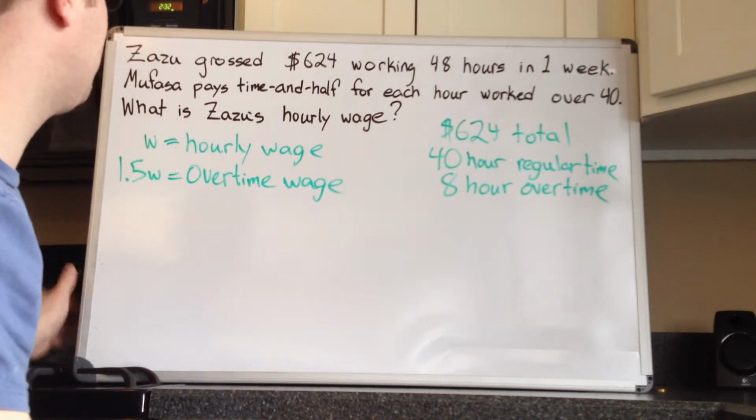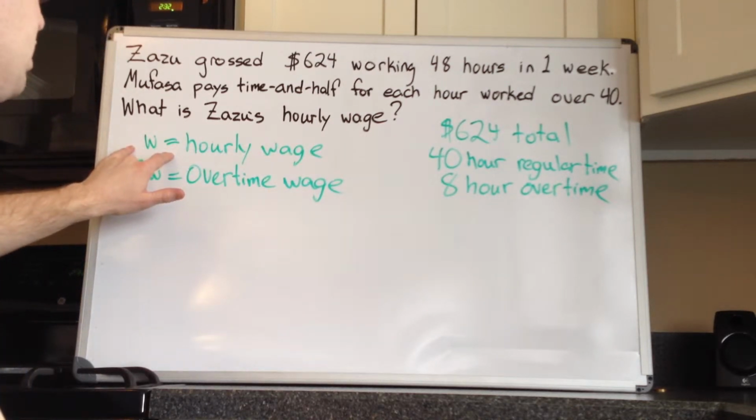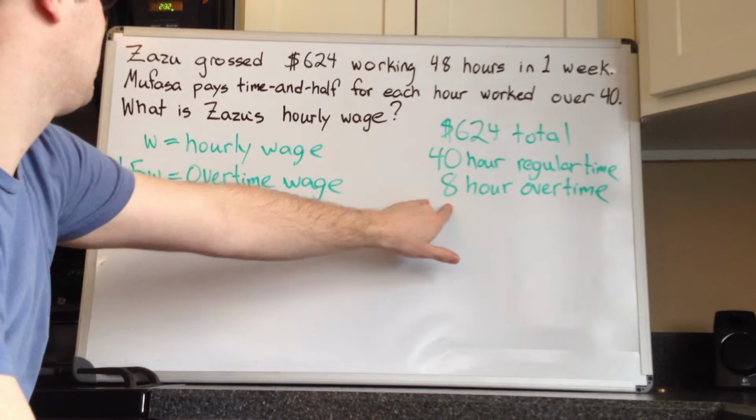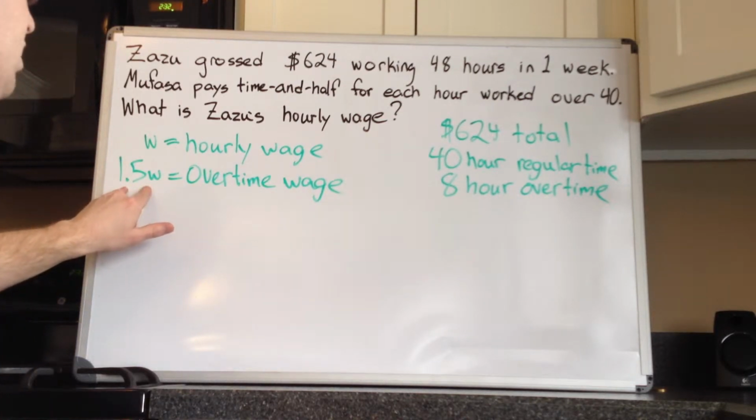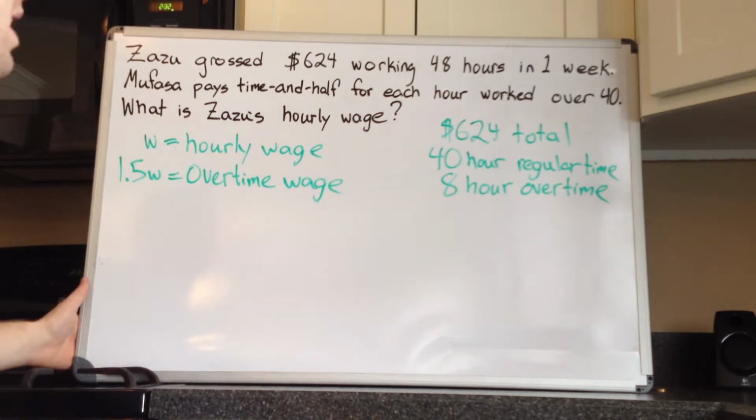So we know that Zazu worked 40 hours at the regular hourly wage, and then 8 hours at the overtime wage. And then when you put those together, it's 624 total. So now I'm going to try to make an equation out of this.